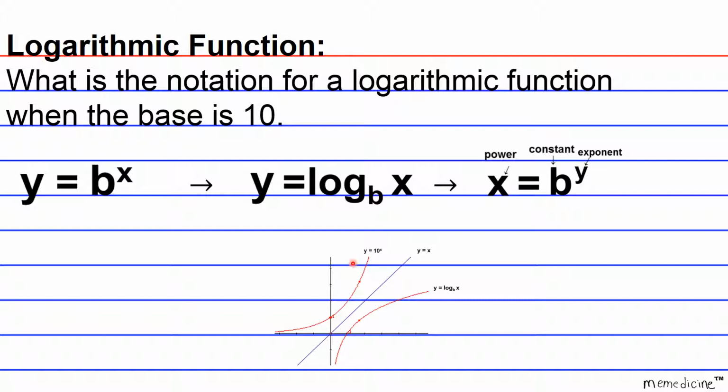And the logarithmic inverse of this is going to be y equals the log base 10 of x. So this is basically saying that an exponent y is the exponent needed to raise the base 10 to yield the power of x, okay?